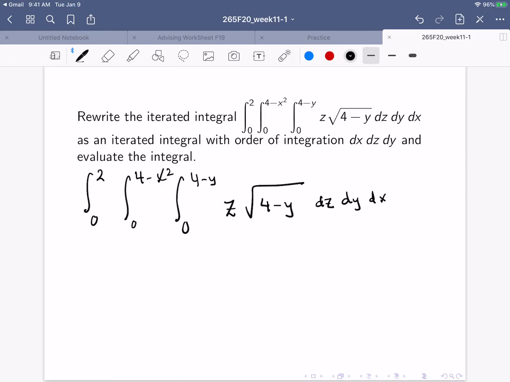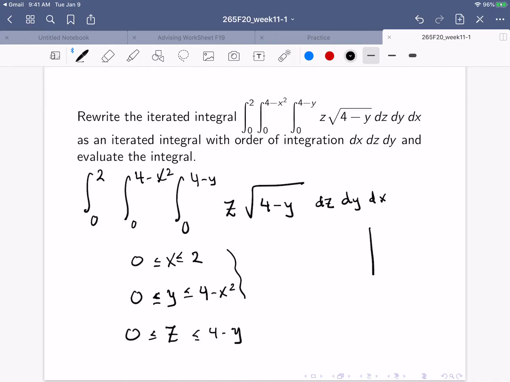All right, so working out in, we know that x is bounded between 0 and 2. y is bounded between 0 and 4 minus x squared. And z is bounded between 0 and 4 minus y. Okay. So if I pair these two bits of information together, I'm going to graph the curve in the xy plane.